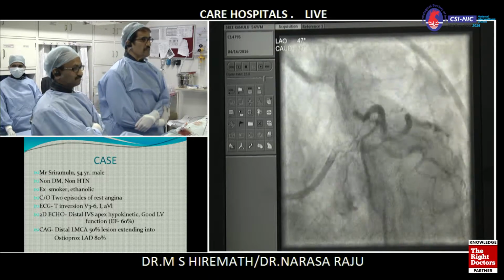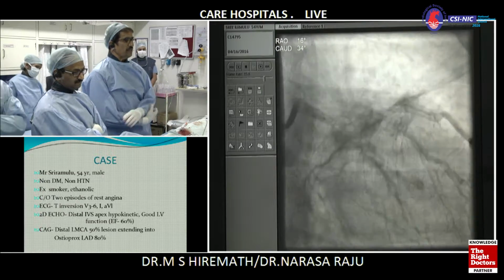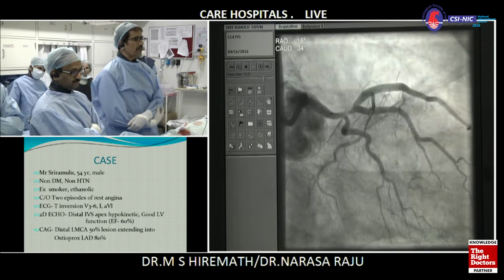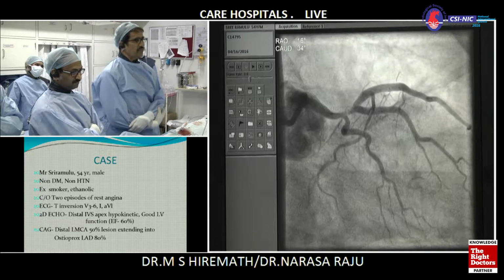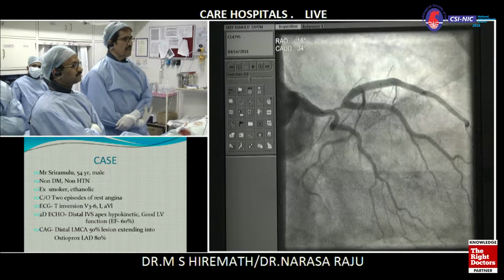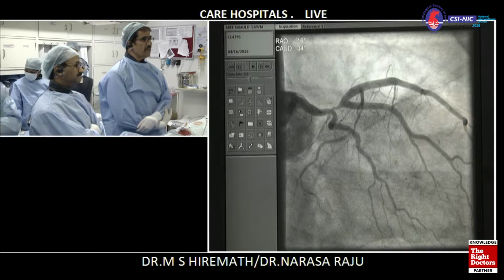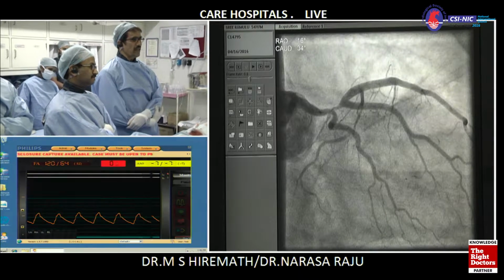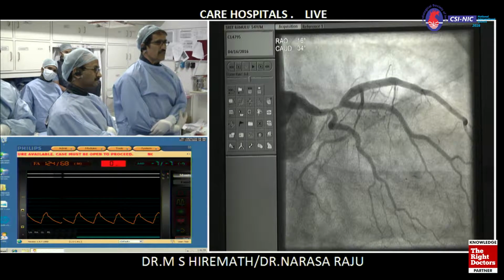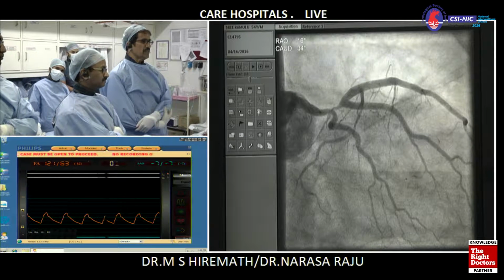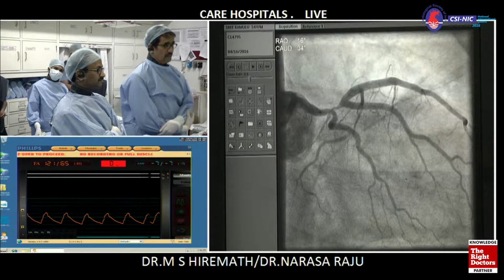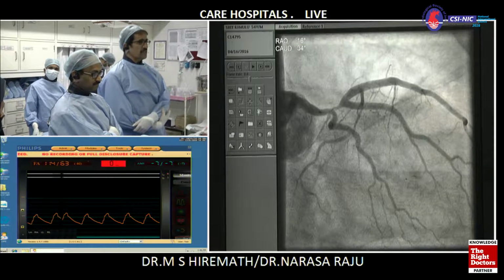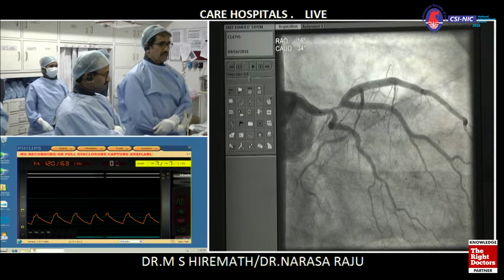Next run. Can we freeze this? We have a very big diameter left main lesion at the distal end, a critical lesion after the origin of the circumflex, a big size diagonal, and the vessels distally look very clean. Overall, the vessel diameters are quite large.